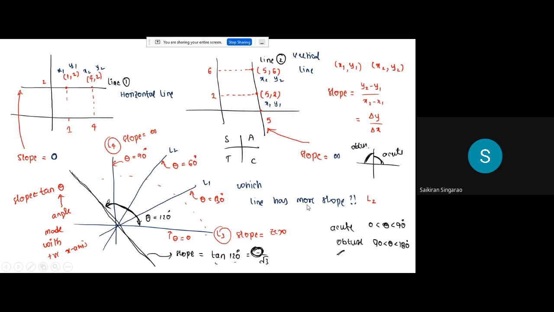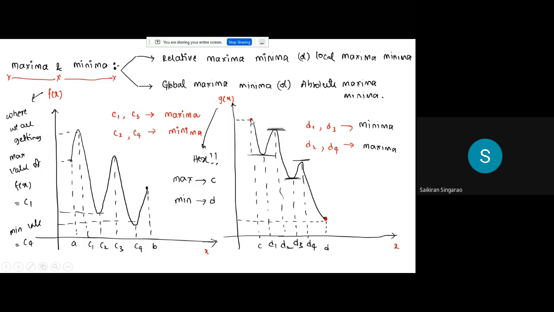If I do first derivative test, will I be able to recognize point C and point D? Is the function g of x differentiable at point C and point D?